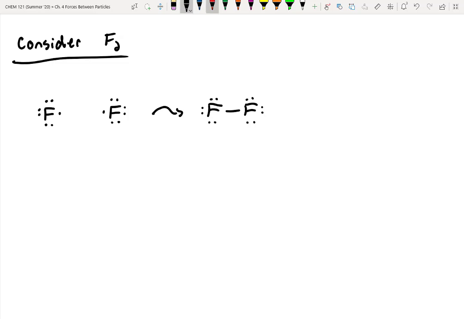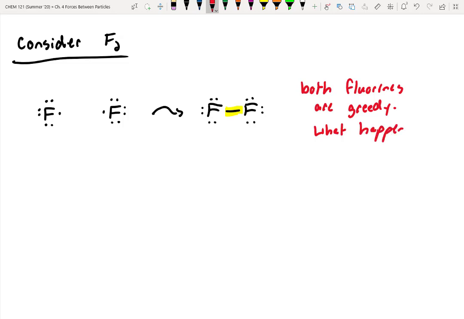So the question is, both fluorines are greedy, meaning they want to hog these electrons that are being shared between them. So what happens? I like to think of this as a tug of war, right? They're greedy, they want to pull the electrons closer towards them.